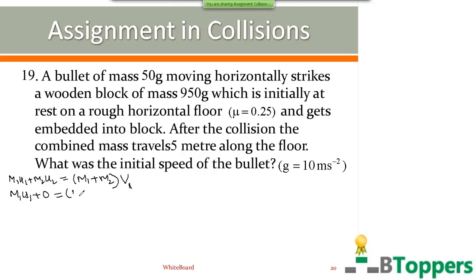Therefore to find U1, we have to first find V1. So initial speed of the bullet before collision is equal to (M1 plus M2) into V1 by M1.